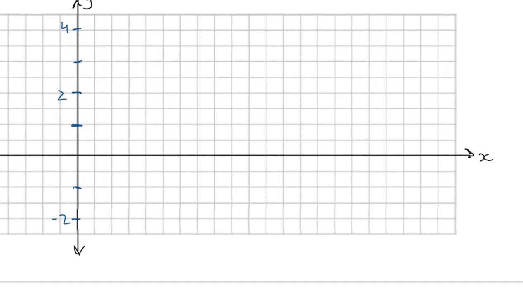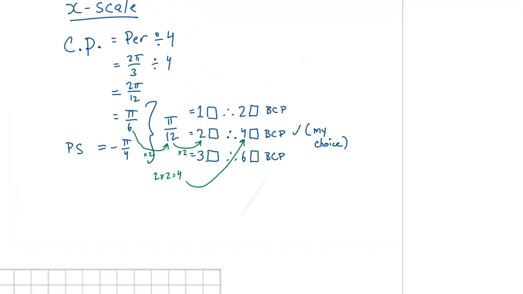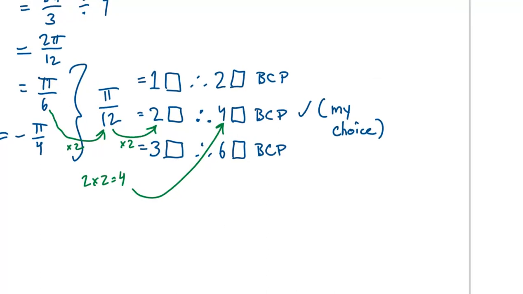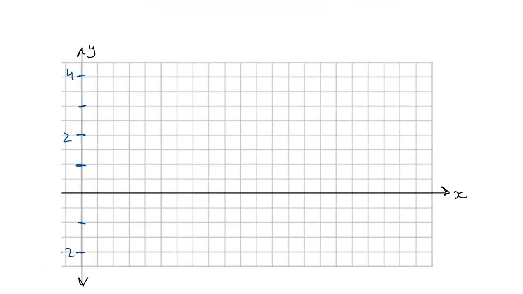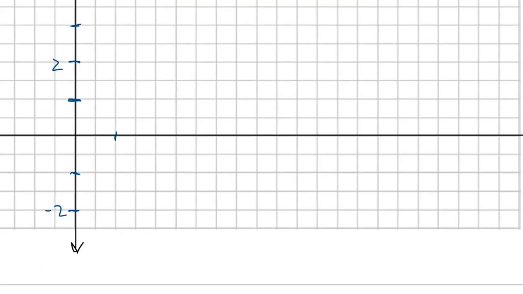Now you're going to want to watch here. I chose pi by 12 to be 2 squares. So there's 1 pi by 12. This is 2 pi by 12s, which is pi by 6. 3 pi by 12s, 4 pi by 12s, which would be 2 pi by 6s, which would be pi by 3.